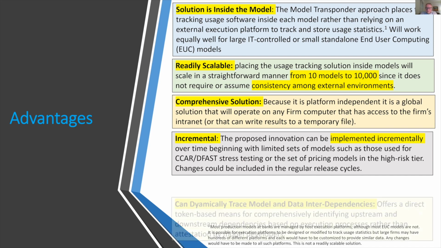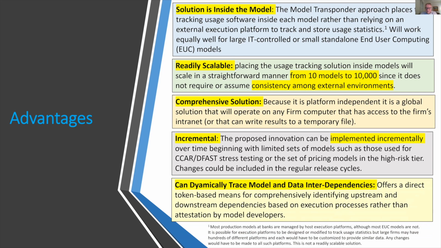Lastly, this can dynamically trace model and data interdependencies. It offers a direct token-based means for comprehensively identifying upstream and downstream dependencies based on execution processes rather than attestation. With a little bit of thought, one should realize that this kind of data will be dynamically updated whenever a new model is introduced in the ecosystem.